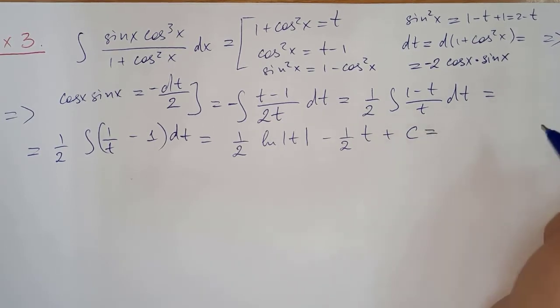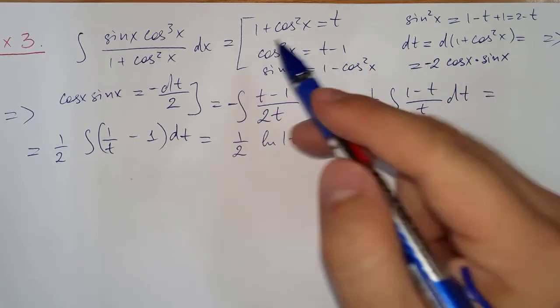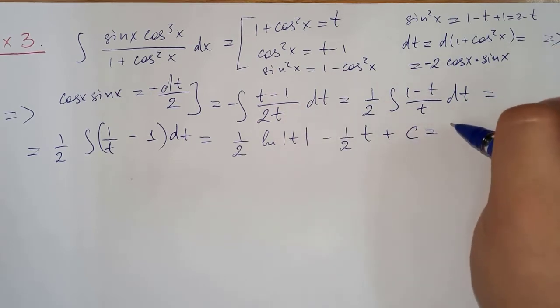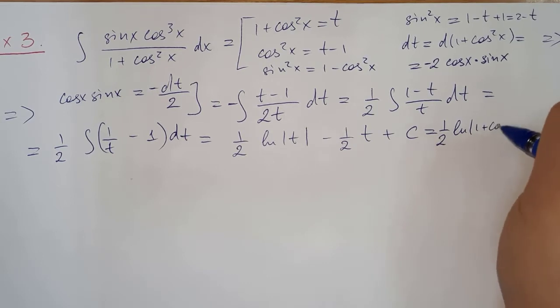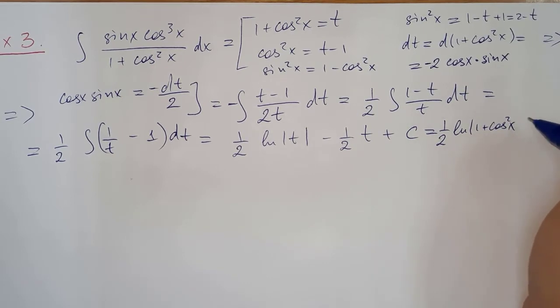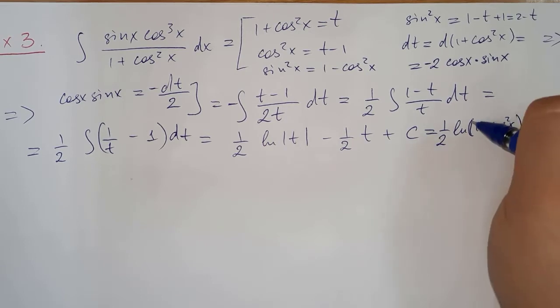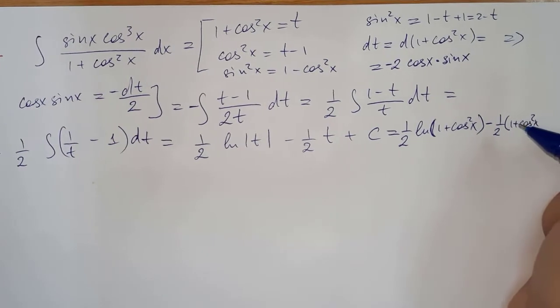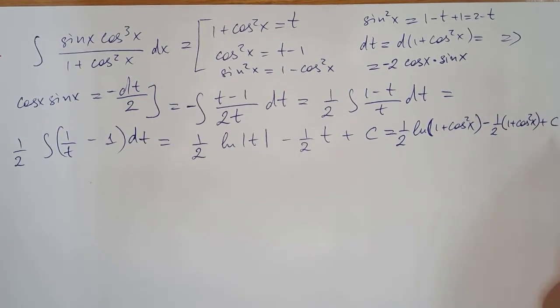And we can replace our variable with 1 plus cosine squared x, because we denoted it by t, and we have 1 over 2 natural logarithm of 1 plus cosine squared x, we can write it without absolute value brackets because this is always positive, and minus 1 over 2 times (1 plus cosine squared x) again, then plus c. So this is the final answer.